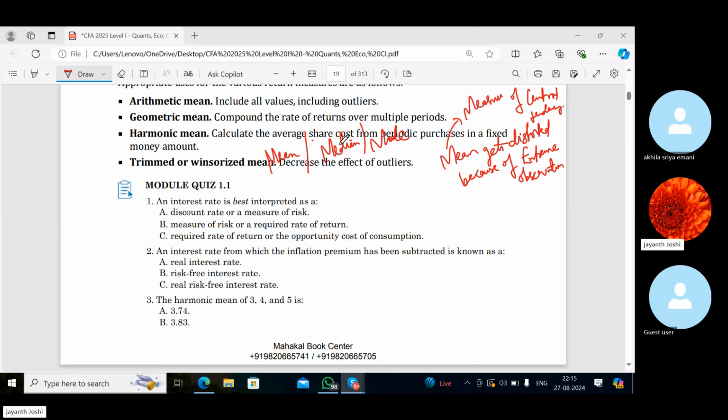So these are the three measures of central tendency, and I have given you a statement: mean gets distorted because of extreme observations. What I mean by this, let's say this is Mr. X, and Mr. X's son's name is Alex. They are looking for admission in some college.